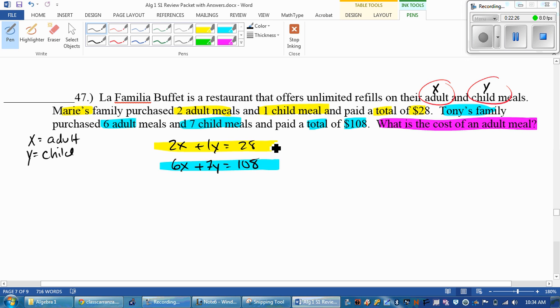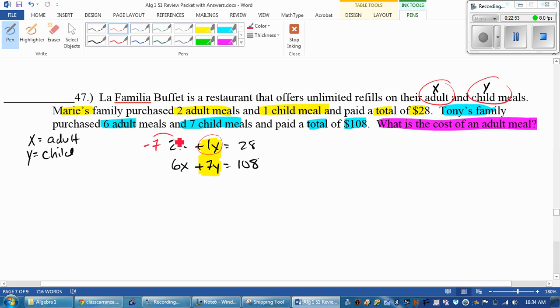Now, what are we trying to cancel here? It says the cost of an adult meal, so I want the adult, which means we can cancel the y's. So if I'm going to cancel the y's, what do I need to multiply the top by? Yeah, we need to multiply by -7 to get rid of that.